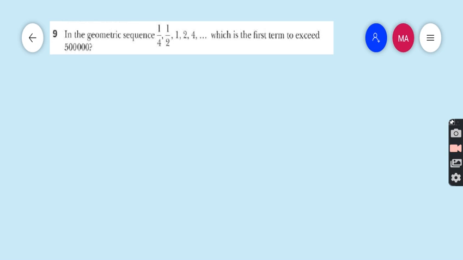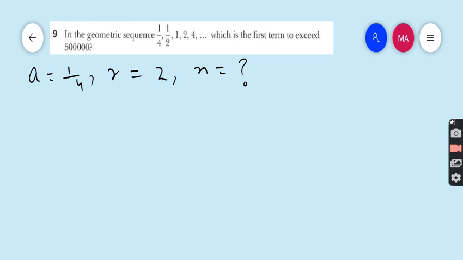It is very easy. Actually, a is the first term, 1 upon 4. r is found by dividing any following term by its preceding term, that is 2 upon 1 is 2. We have to find n. This is the main thing.